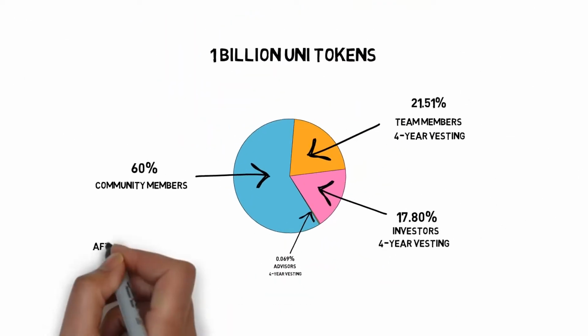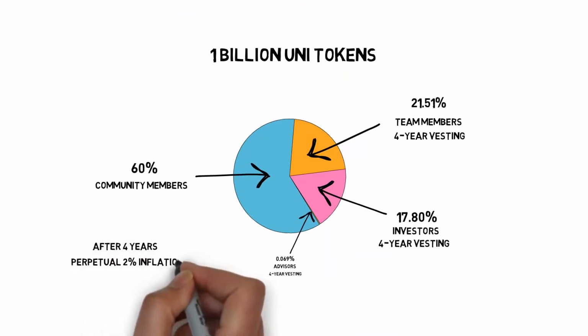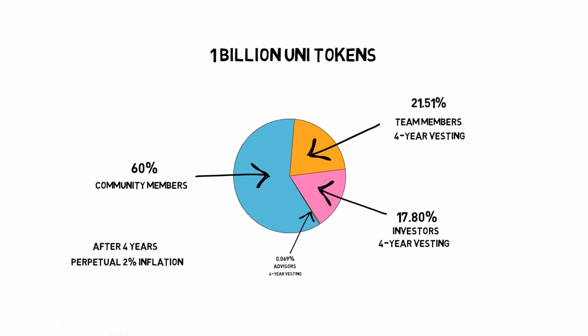After 4 years, there will be a perpetual inflation rate of 2% per year to ensure continued participation and contribution to UNISWAP at the expense of passive UNI holders.